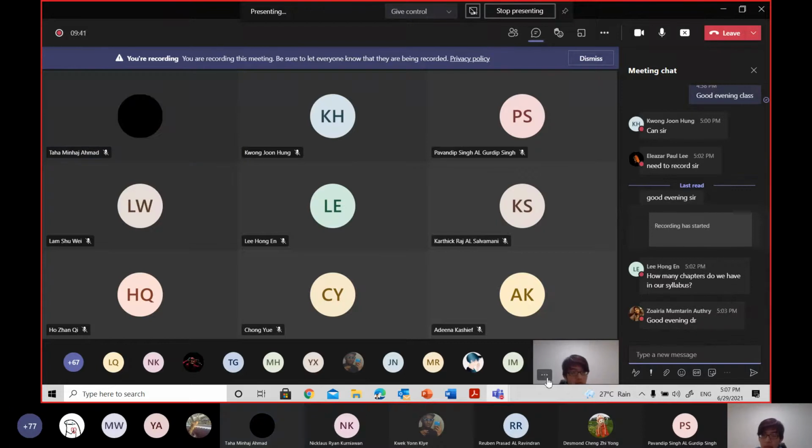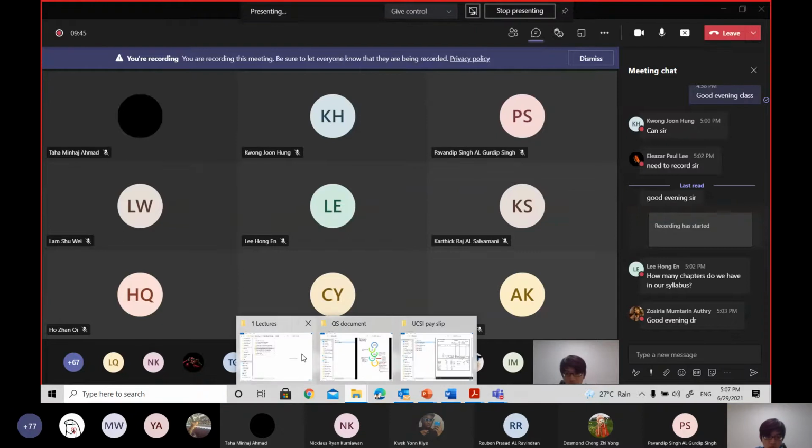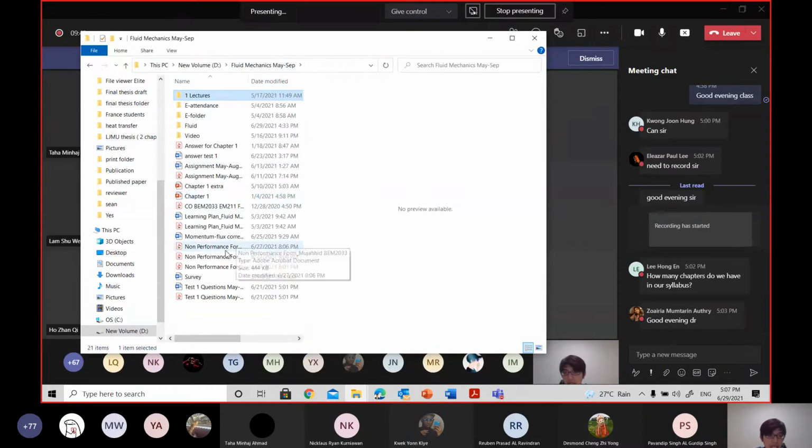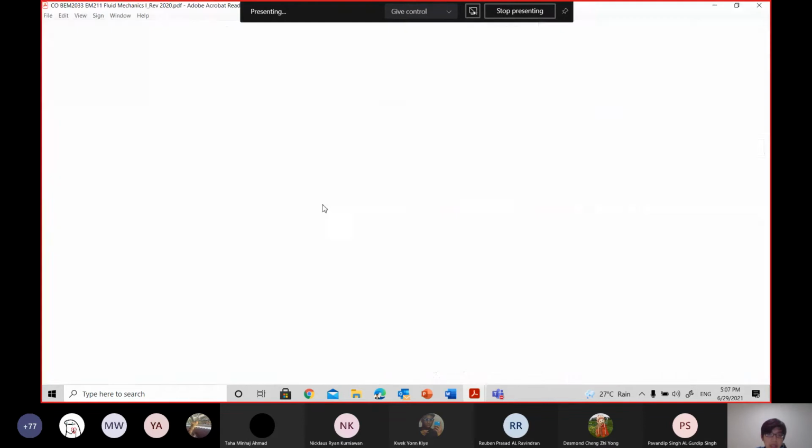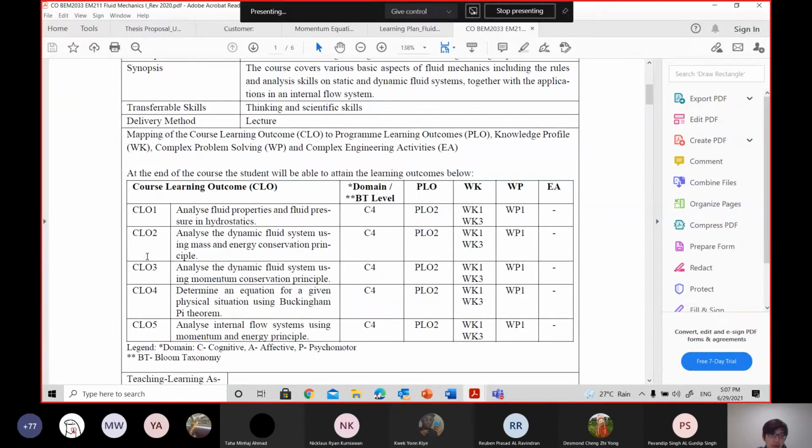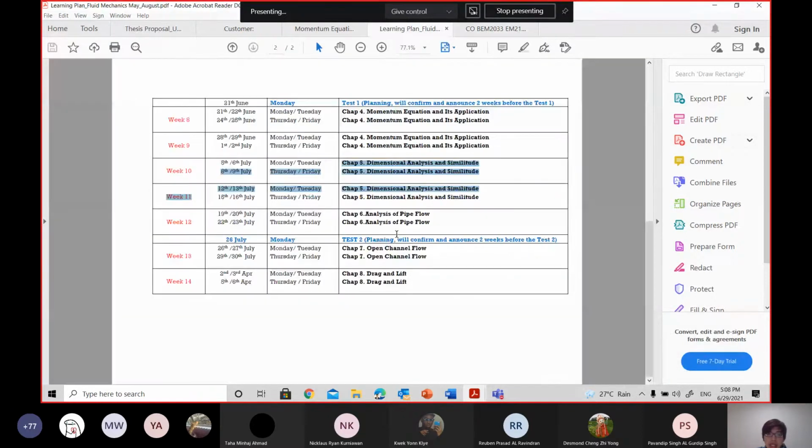How many chapters do we have in our syllabus? In our syllabus, we are going to have 6 chapters. I think I shared this already, right? Under your CO. You will have CRO1 up to CRO5, where CRO1 is chapters 1 and 2, CRO2 is chapter 3, CRO3 is chapter 4, CRO4 is chapter 5, and CRO5 is chapter 6. And in the work plan I shared just now, chapters 7 and 8 are something extra.